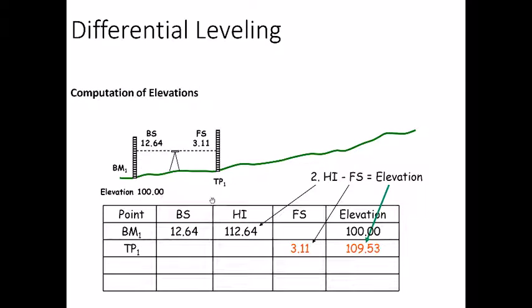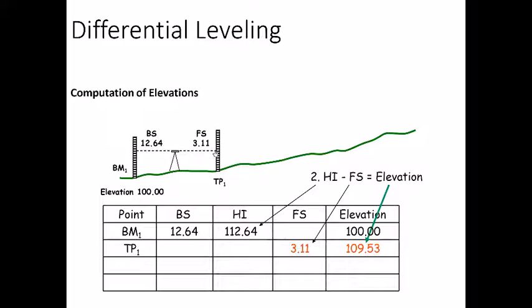Now we have the next point, which is called turning point 1. That means that after this reading, we will change the location of our instrument. We are only taking two readings in this instrument setting, the backsight and the foresight. The foresight is taken at TP1, so we write it over here, 3.11.